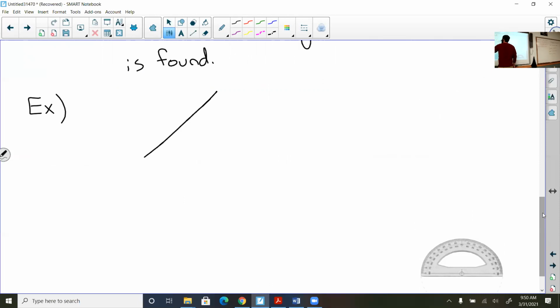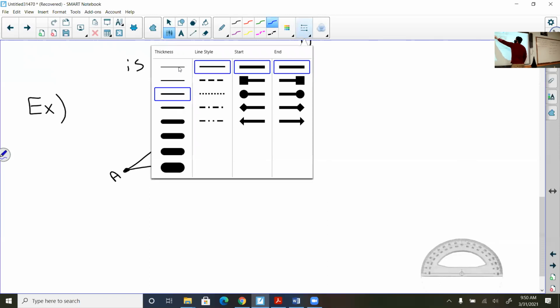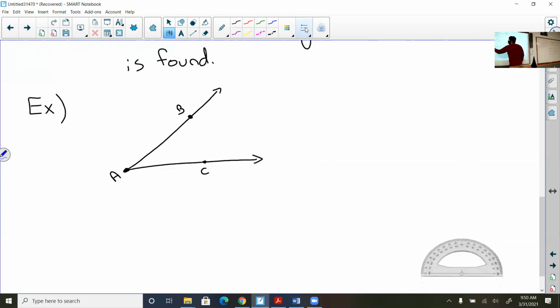Just a general example. So this is what it would look like, an illustration, a representation of two rays that share an endpoint that are non-collinear. So as a result, they have formed an angle. That angle is right here.